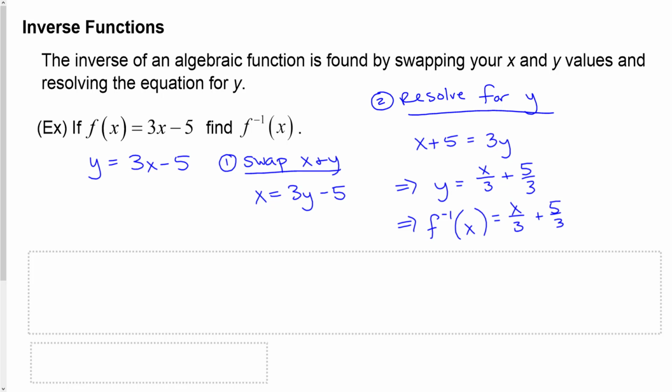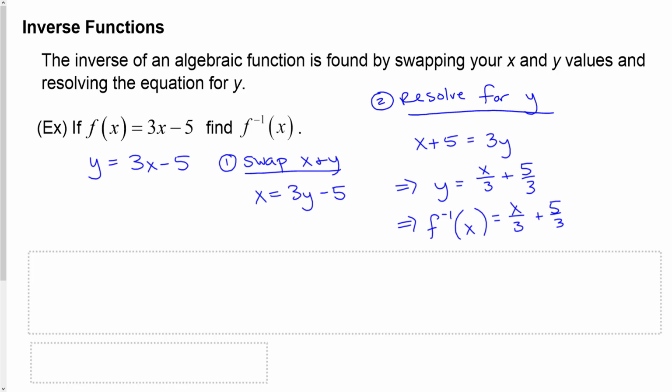Now, that works great for algebraic functions. Algebraic functions are ones that can be written in terms of x and y such that they are multiplied, added, exponents, divided, all the basic operations. Your trig functions are not algebraic functions, and so we can't do that sort of thing for trig functions.